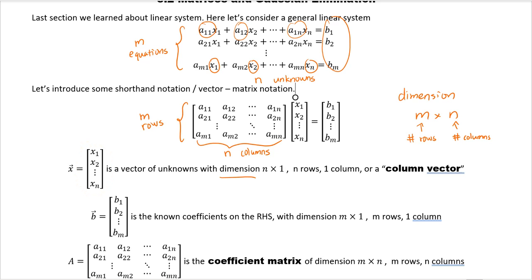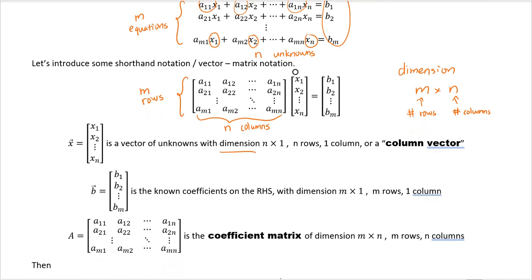And b is the known coefficients on the right hand side of the linear system, with dimension m by 1 because it has m rows and 1 column. The matrix A is called the coefficient matrix, and its dimension is m by n because it has m rows and n columns.